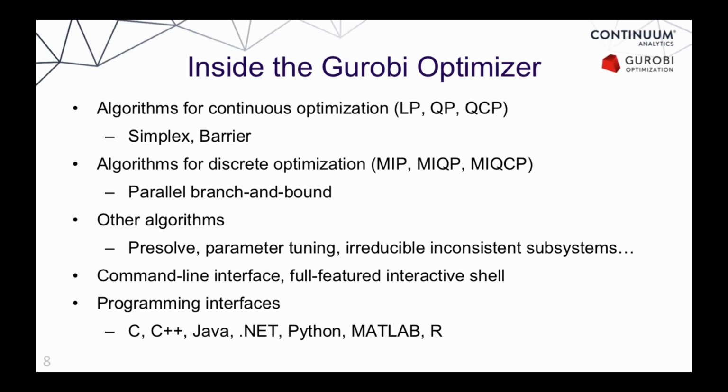You can either use standalone tools such as the command line interface and a full-featured interactive shell, which is essentially a Python shell with extensions for Gurobi, or you can use your favorite programming language to embed Gurobi within your own applications. And we have matrix-oriented APIs such as C, MATLAB, and R, and we also have object-oriented APIs such as Python, C++, Java, and .NET.